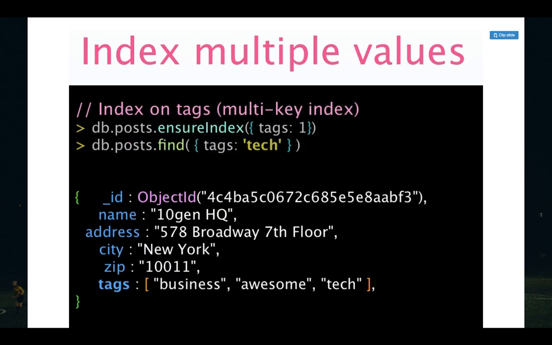Moving forward, now we are going to see how we can index multiple values on MongoDB. Suppose we have a document which contains tags, and tags is an array containing multiple keywords.